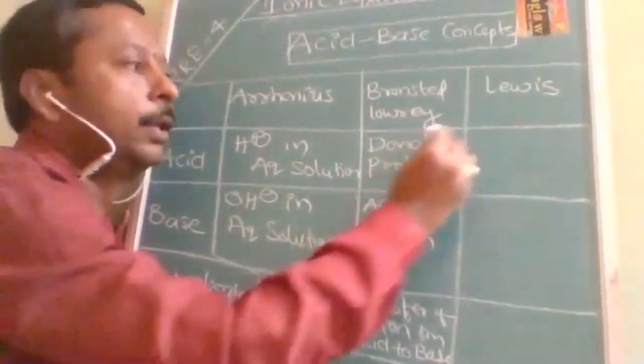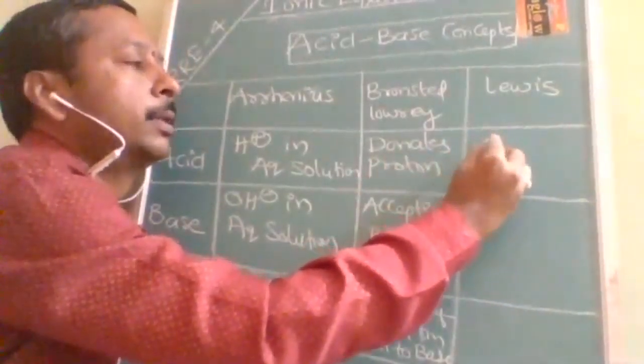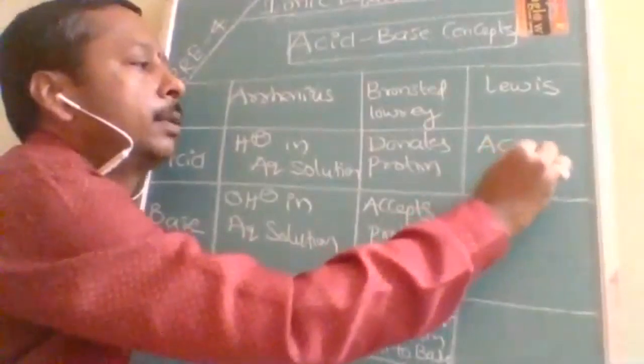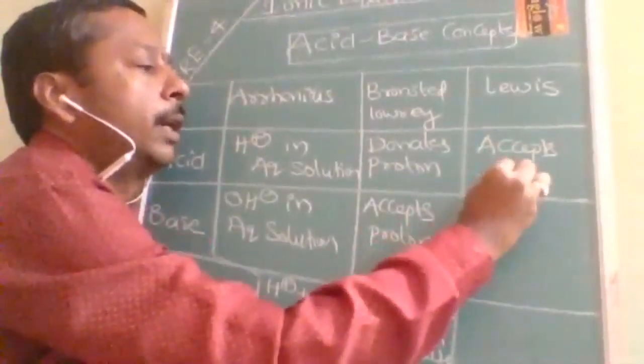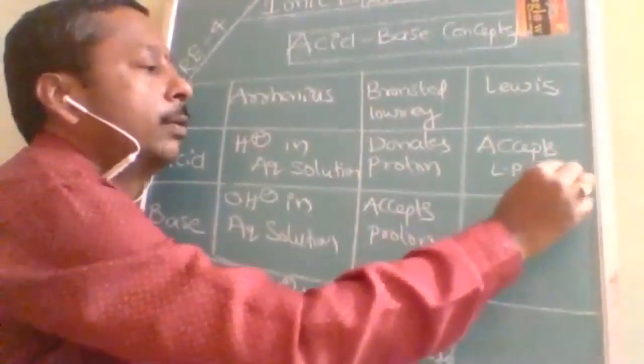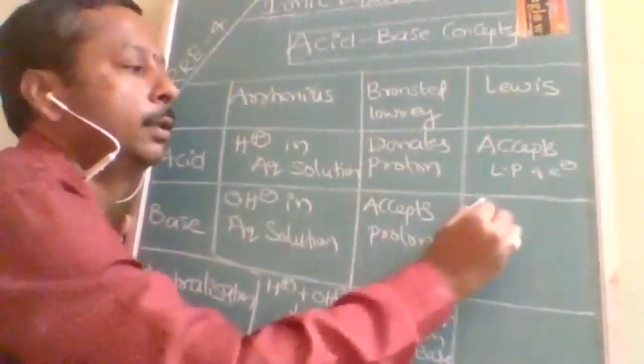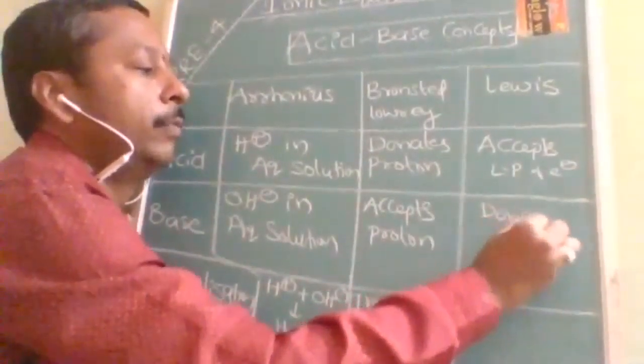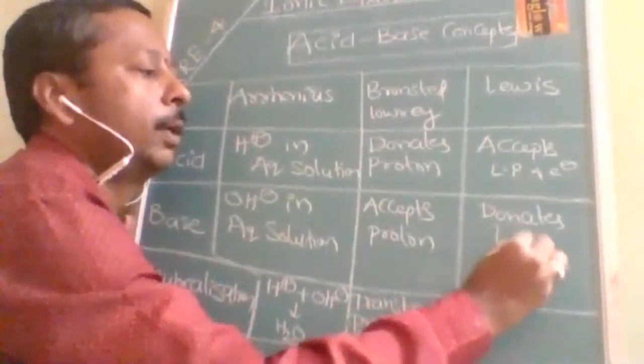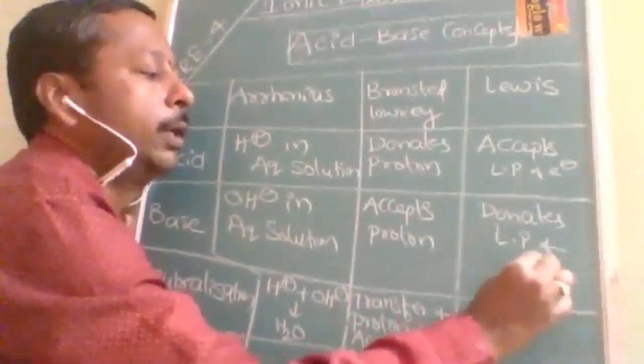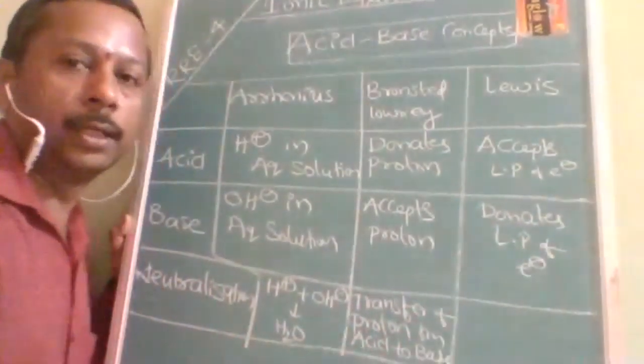In the Lewis concept, the substance which accepts a lone pair of electrons is called an acid. The substance which donates a lone pair of electrons is called a base.